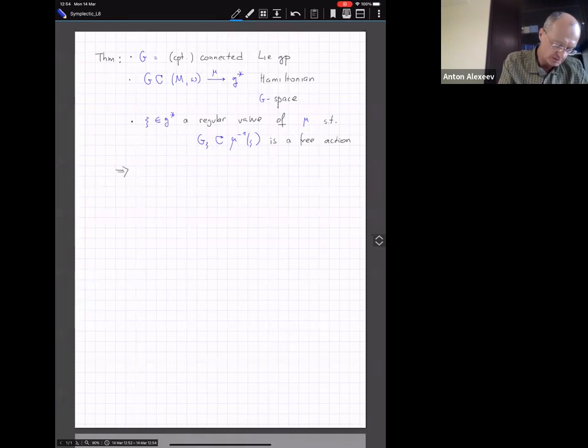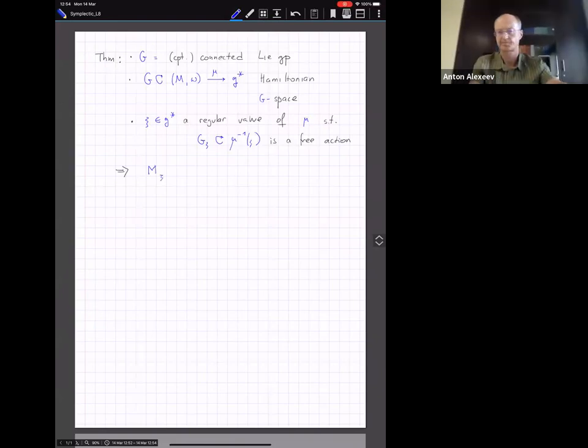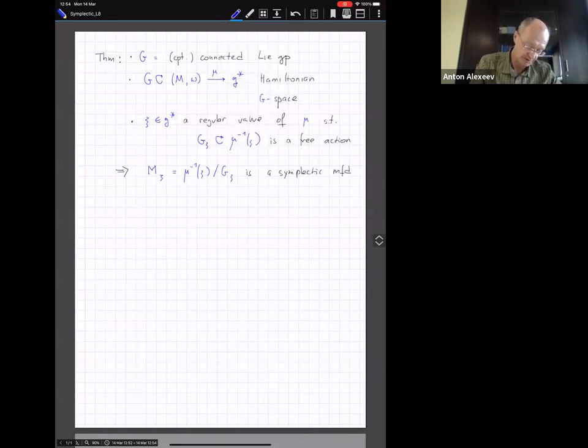And then the conclusion is as follows. The reduced space M psi, which is the quotient of the fiber by the stabilizer, is a symplectic manifold. And so we have this diagram: the fiber of the moment map embeds into the ambient space and projects to the reduced space.